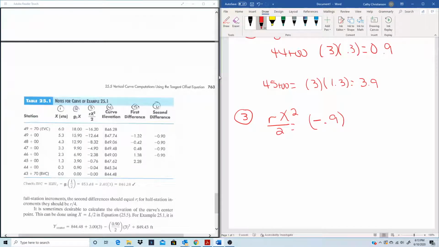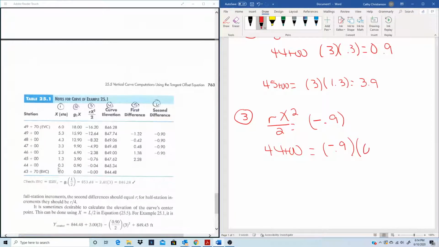So if I'm going to go back and do station 44, it's going to be a negative 0.9. X is going to be the same that's in column 1.